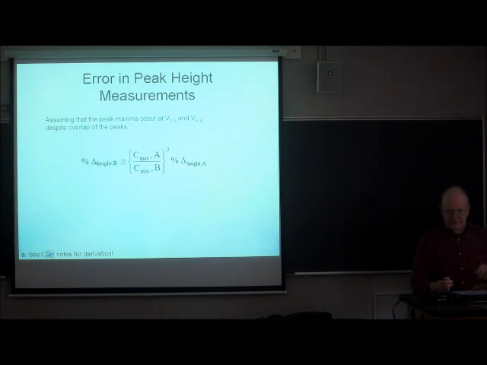Some algebra which is gone through in my notes in grim detail comes up with the following formula relating the percent error by height in B peak relative to A peak is equal to the ratio of the true heights of the A peak relative to the B peak squared.